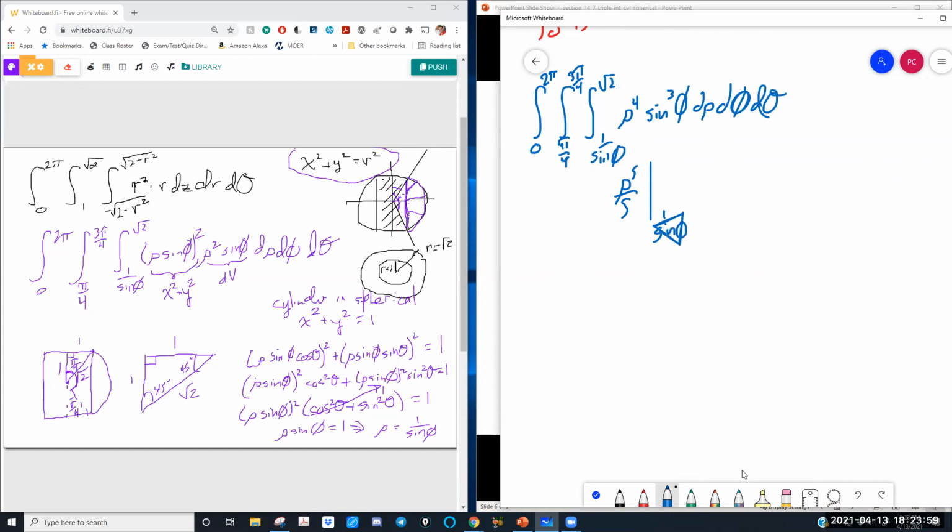Whoa, that time it didn't work out so nice. Rad 2. And then we've got our other 2 limits there. We've still got a sine cubed phi, d rho, d phi, d theta.